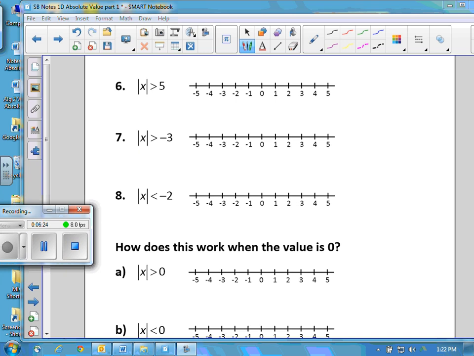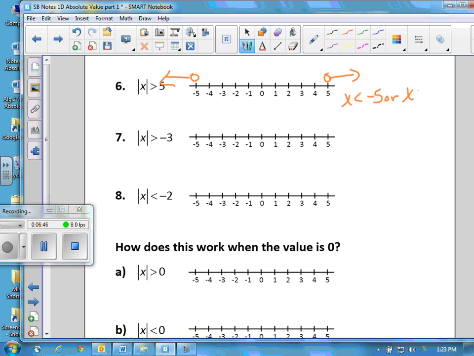Number 6 says that the distance has to be strictly more than 5 units. So we locate the two places where it's equal to 5. It cannot be equal to, so we don't fill in our circles, but then we're going to show distances more than 5 units away. Our solution would be x is less than -5 or x is greater than 5. The next one has a bit of a twist.